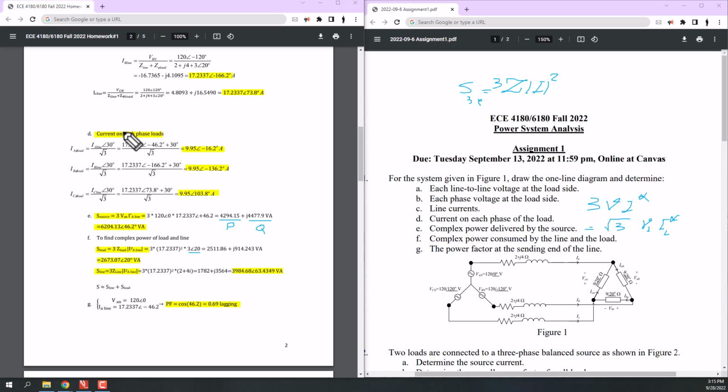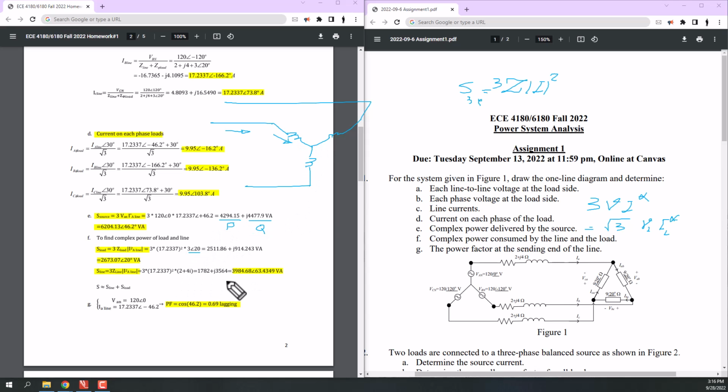And it is clear that in the Y connection, the line current and the phase current are the same. Because, for example, here, if we have a Y connection, this line current is the same current that goes through the load.